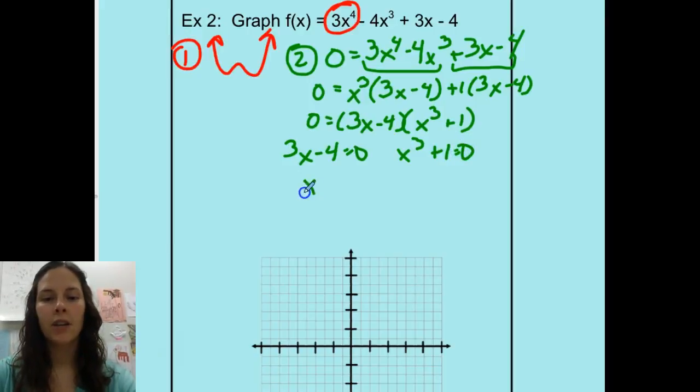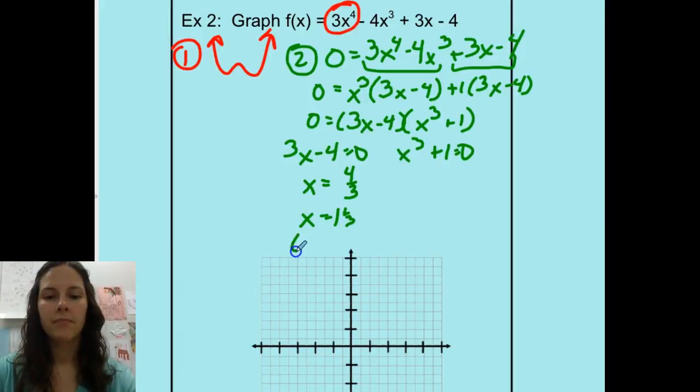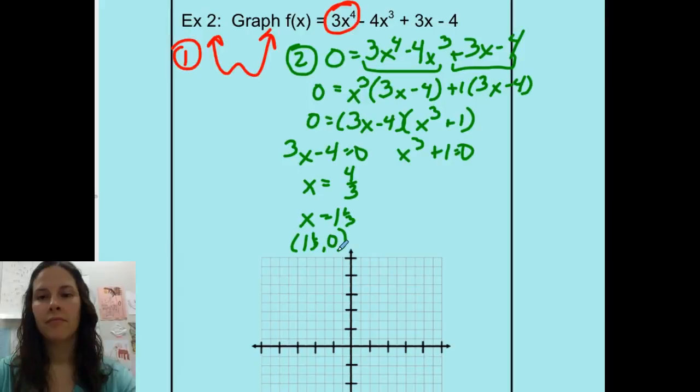Our first 0 occurs when I add 4 and divide by 3. If it's easier for you to graph as a mixed number, this is 1 1/3. Our other 0 occurs when I subtract 1 from both sides and take the cube root, which gives us -1.